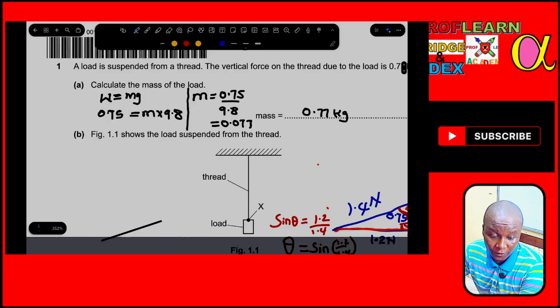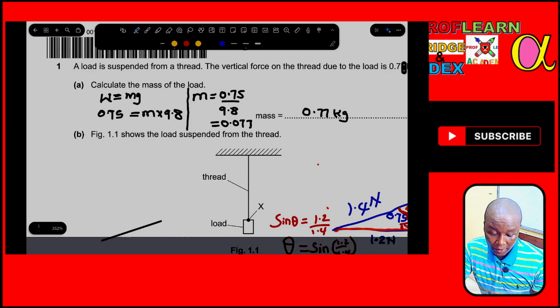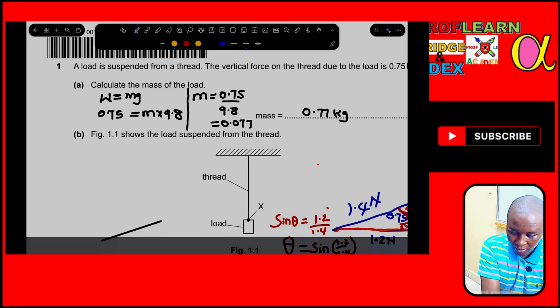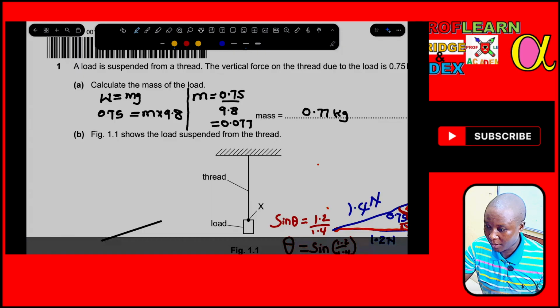In this paper of May-June 2024, candidates were given a scenario whereby they were told to calculate the mass of the object. Let me move this a little bit so that I can write and you can see from your end.